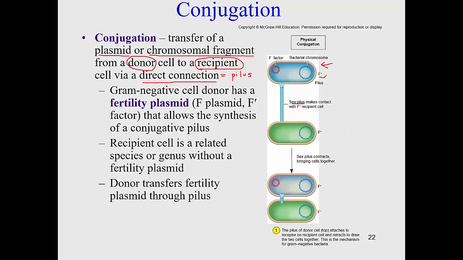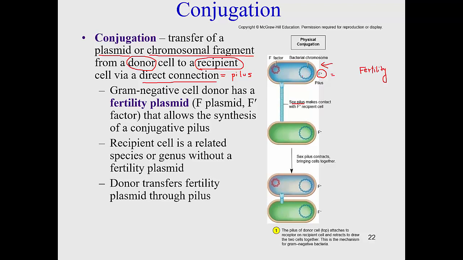If a cell is F plus, F stands for fertility, an F plus cell is able to grow a pilus or many pili. So an F plus is the genotype of a cell that is capable of making this pilus.